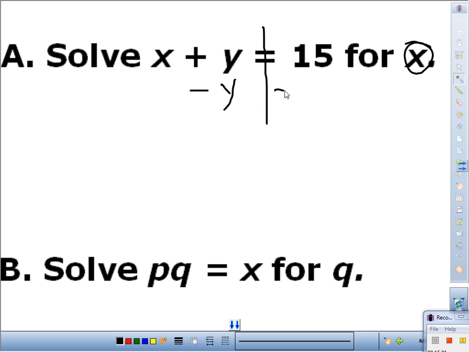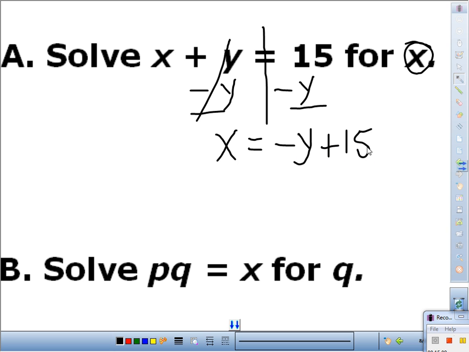Minus y. We're left with x equals negative y plus 15. Some of you probably wrote 15 minus y, which is also correct. But from now on, whenever we're solving for two variable equations, please write the variable first and then the constant. Everybody understand? Yes. If it has a constant. Okay, let's go to 1B.